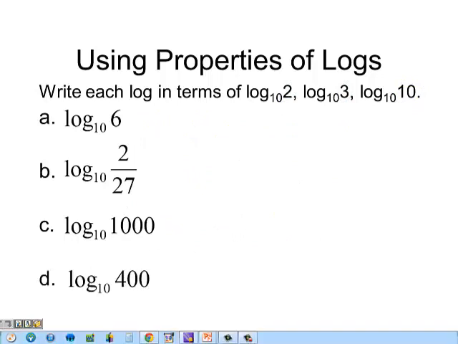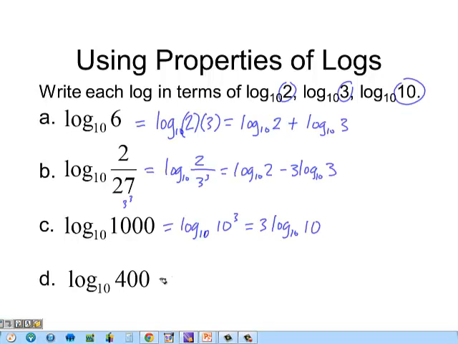And what about this one? Last one here. This can be written as, can you break this down into this for me? 2, 3s, and 10s.